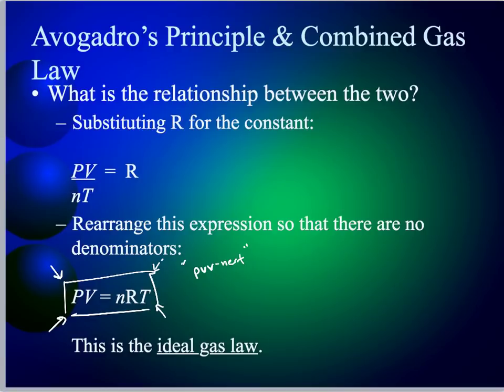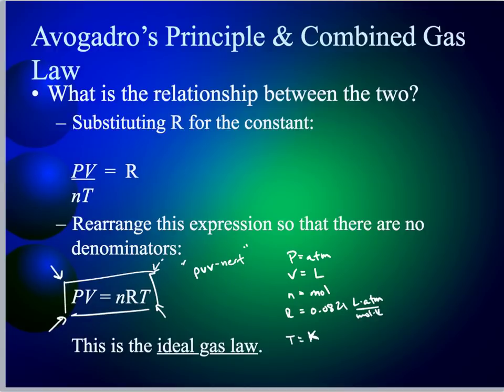PV equals nRT. Something of note here: pressure has to be in atmospheres this time, so you have to convert it if it's not. Volume must be in liters, and you have to convert it if it's not. n should already be in moles. R is 0.0821 liters times atmospheres over moles times Kelvin, and T must be in Kelvin like it usually is.